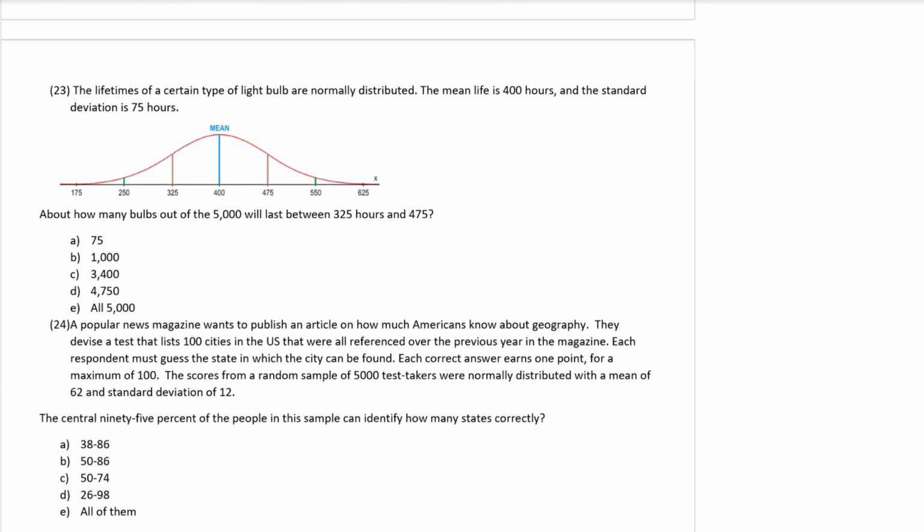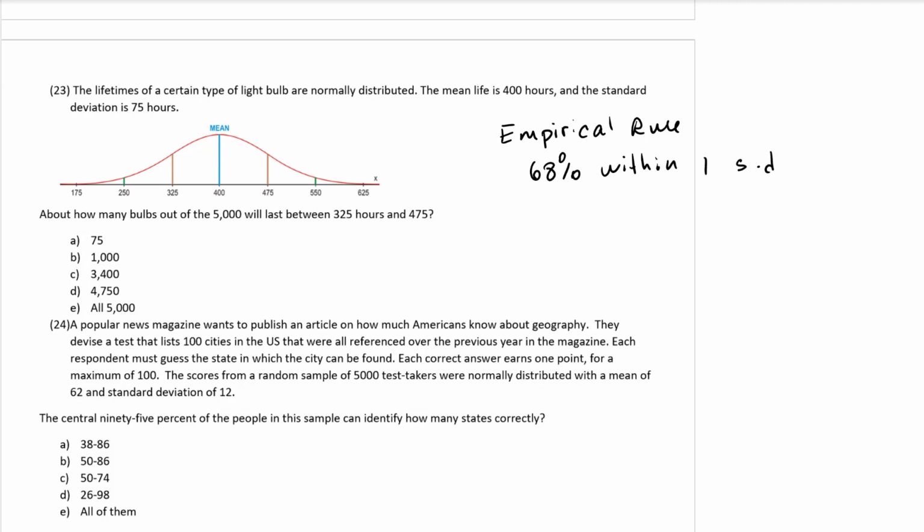All right, so the other questions that are remaining here, they all deal with something that's called an empirical rule. An empirical rule tells that if we know that the distribution that we're looking at is normal, which for all of the questions it will be true, then we have 68% of the data falls within one standard deviation.